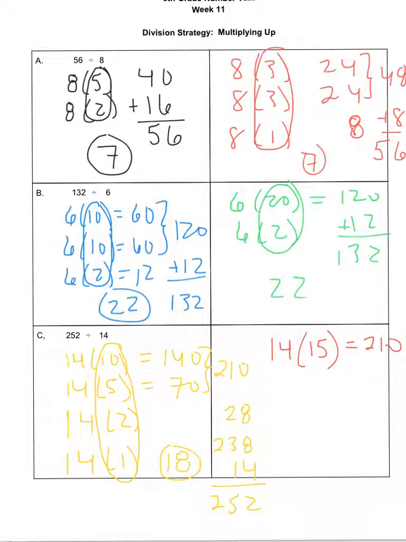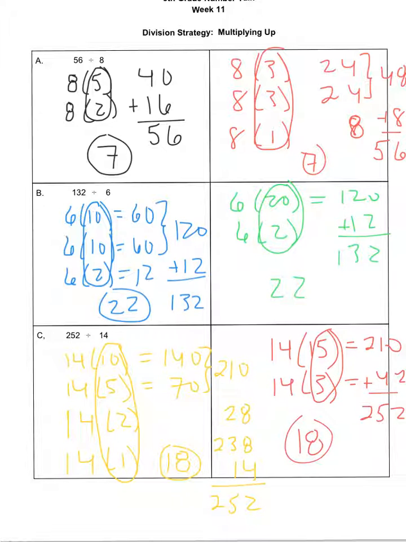Just applying an old strategy for you that may be something you do. So then I know 14 times 3 is 42. And so I know if I add those together, that's 252. So again, 15 and 3 is a total of 18.